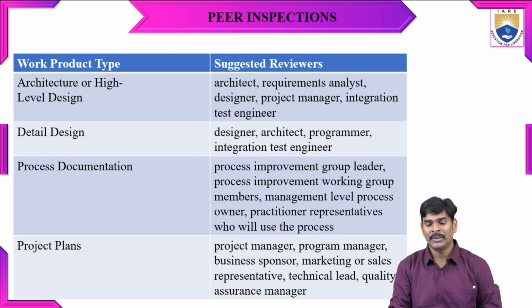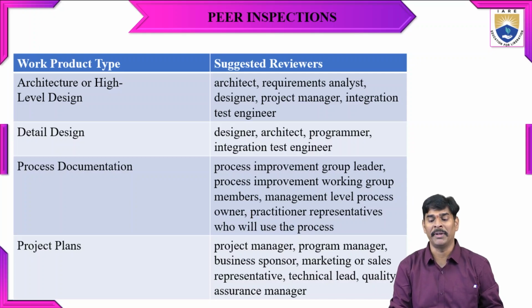If you take a specialist for the architecture, he can easily identify the defects in the architecture. If you take general reviewers, they cannot identify the flaws in the components of the architecture.